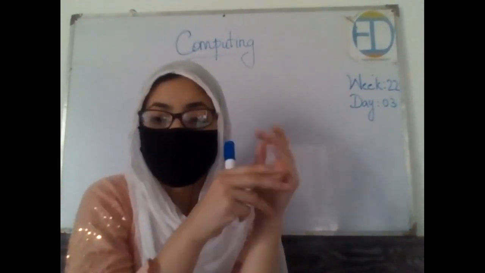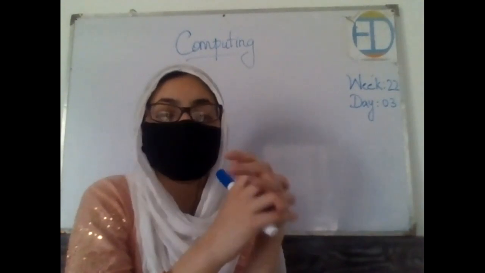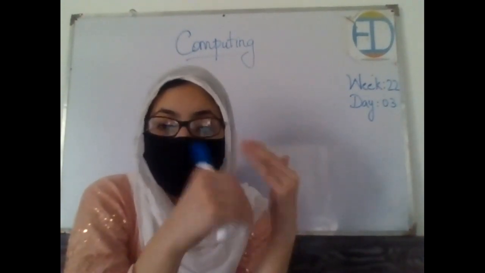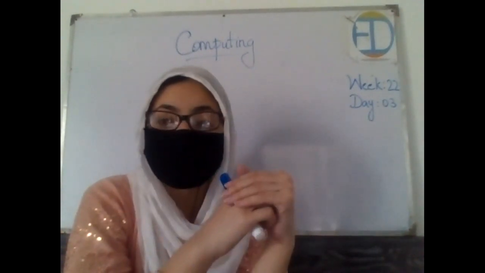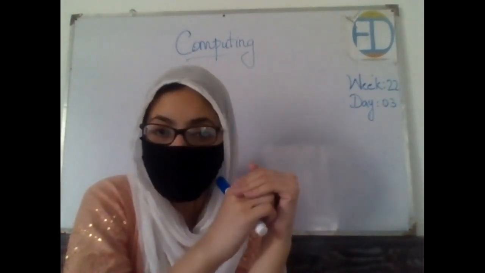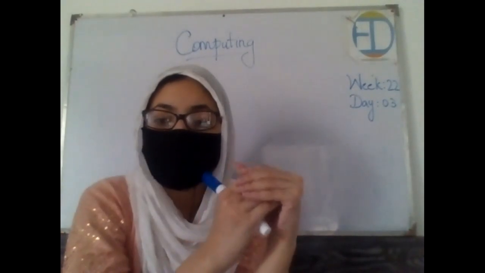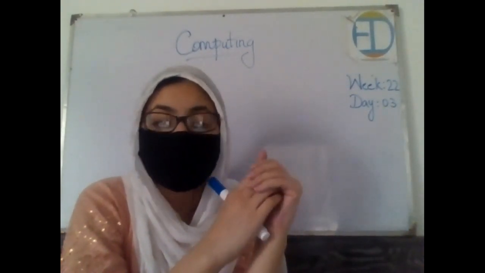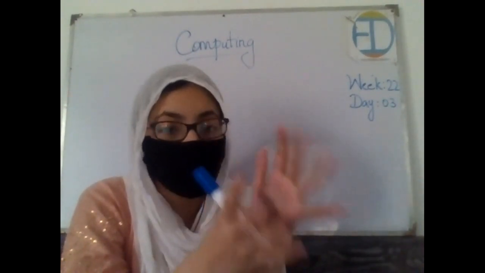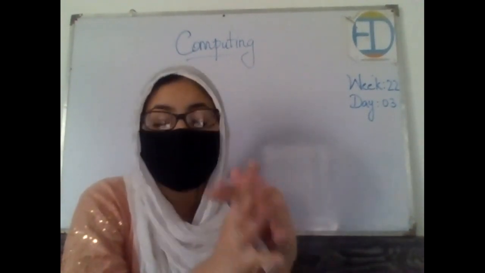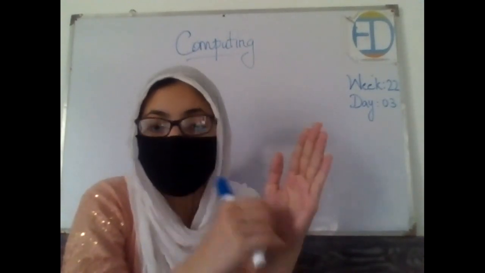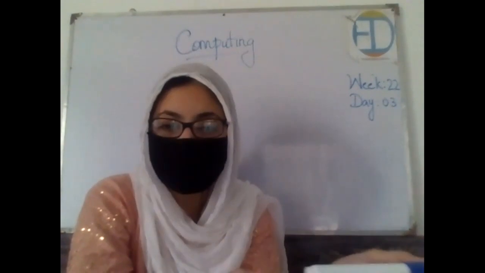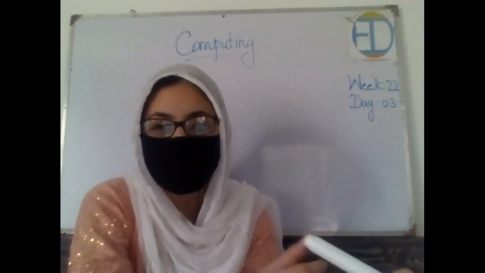Also, whatever work we do on a daily basis, whether we need that file later or not, you are supposed to save it, because this will revise on a daily basis how to save files. So always save the files. And do remember the position in your laptop or device where you saved that file. If you don't remember, it's still not an issue. We can simply search for it and it will open the particular file for us. Okay, so hurry up, make a list and let me know if you have any confusion.